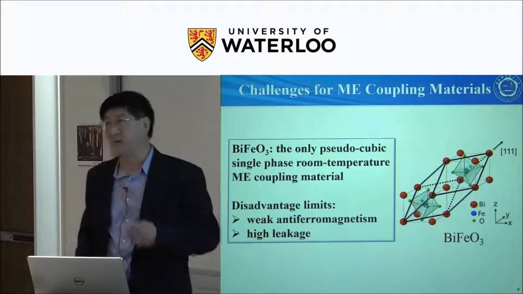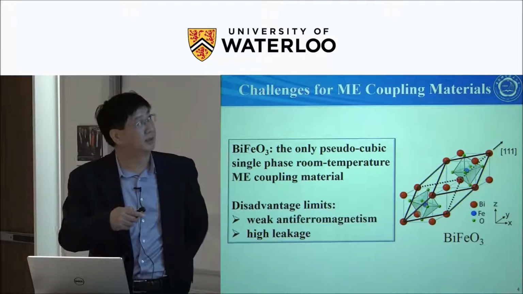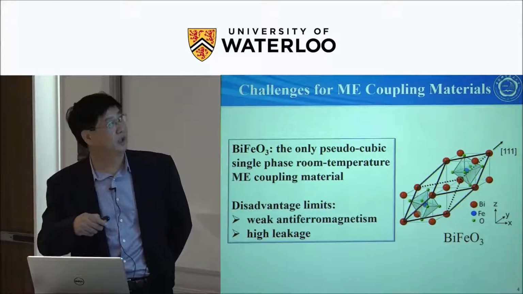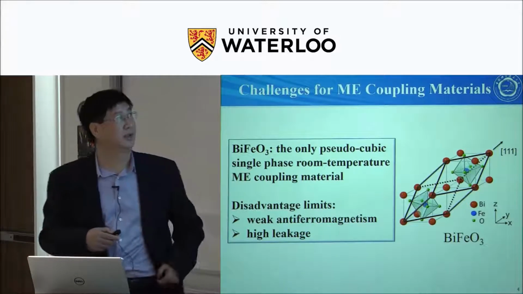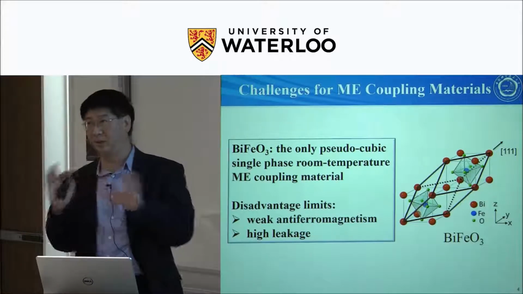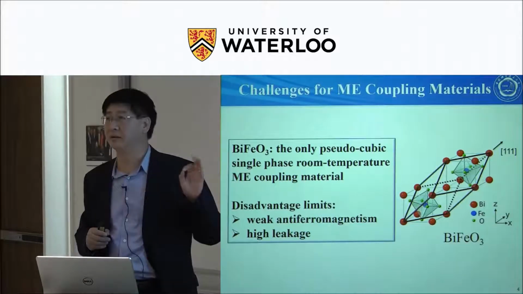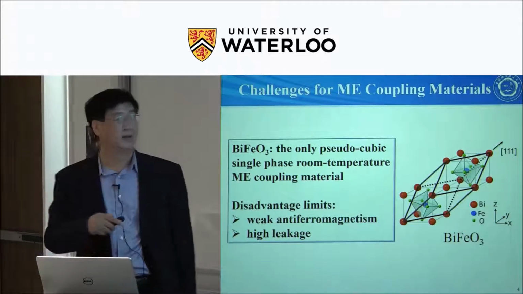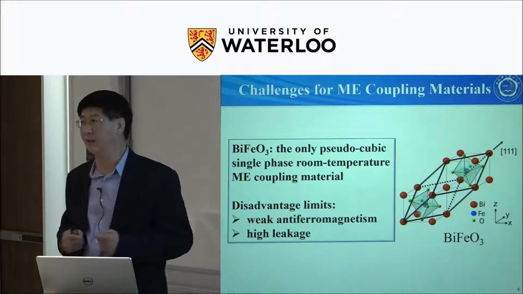So do we have this material? Yes or no? Bismuth ferrite is the only pseudo-cubic single-phase room-temperature magnetoelectric coupling material, the only one. But unfortunately, at room temperature it shows only weak antiferromagnetism, and it is almost conductive, with really high leakage.